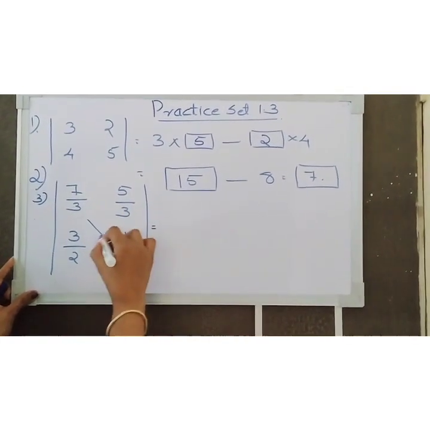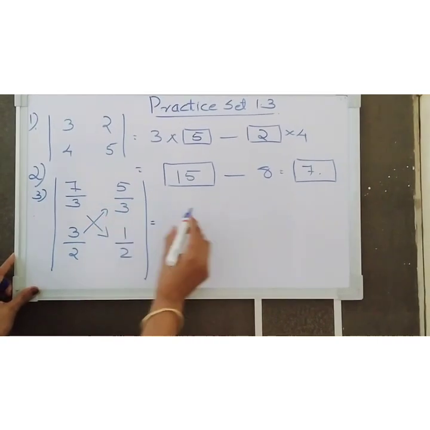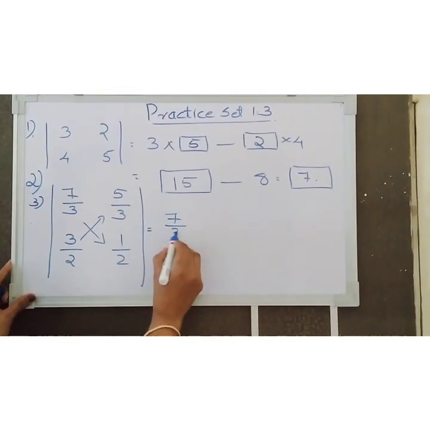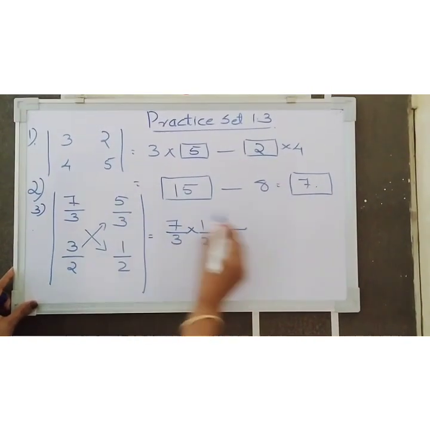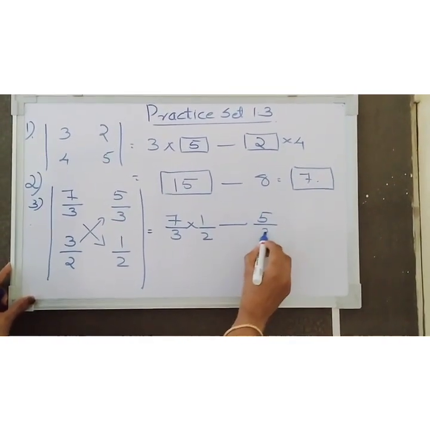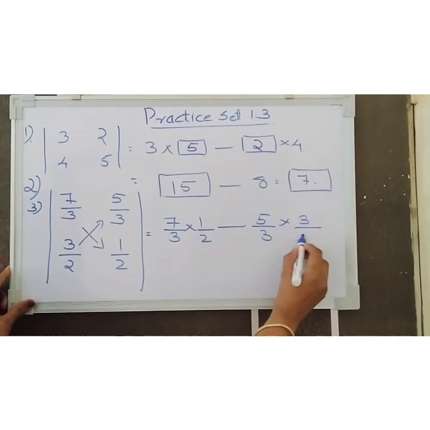Determinant is a cross multiplication: 7 upon 3 multiplied by 1 upon 2 minus 5 upon 3 into 3 upon 2.